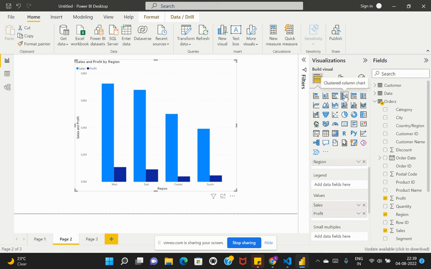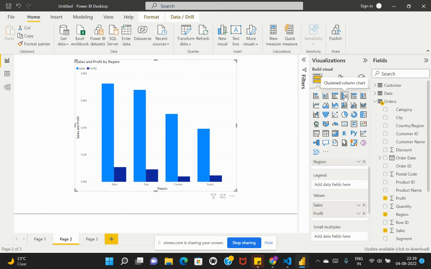But when you convert this into a clustered column chart, the bar charts have been shifted from the horizontal orientation to a vertical manner, and that's where this clustered column chart will come into place. Okay, so this is the only difference. Otherwise, the concept and when we use this particular chart is still the same between both of these together.